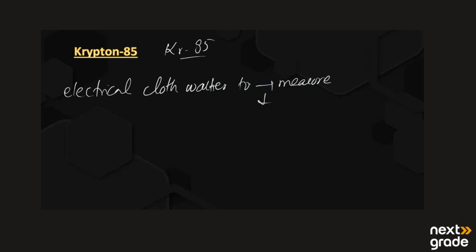This is used in the electrical cloth washer to measure the dust and pollutant level, that is, how much dust is present, how much pollutant is present, and then how much soap or detergent will be used.